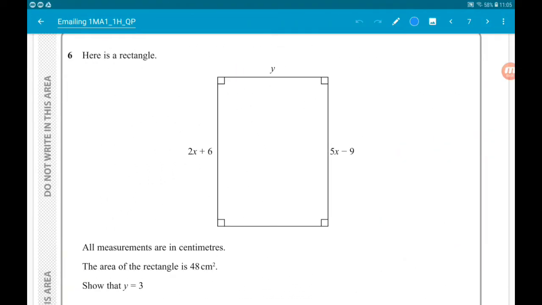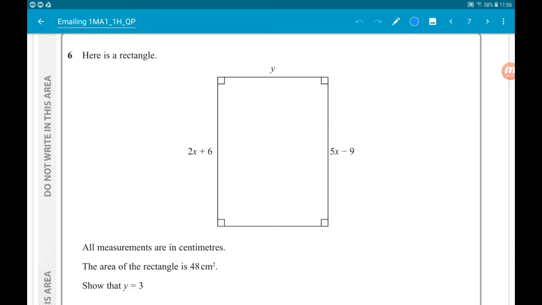Okay, number 6. Here is a rectangle with a width of y and a height of 2x add 6 or 5x minus 9. So because it's a rectangle, those two must be equal. All measurements are in centimetres. The area of the rectangle is 48 centimetres squared.